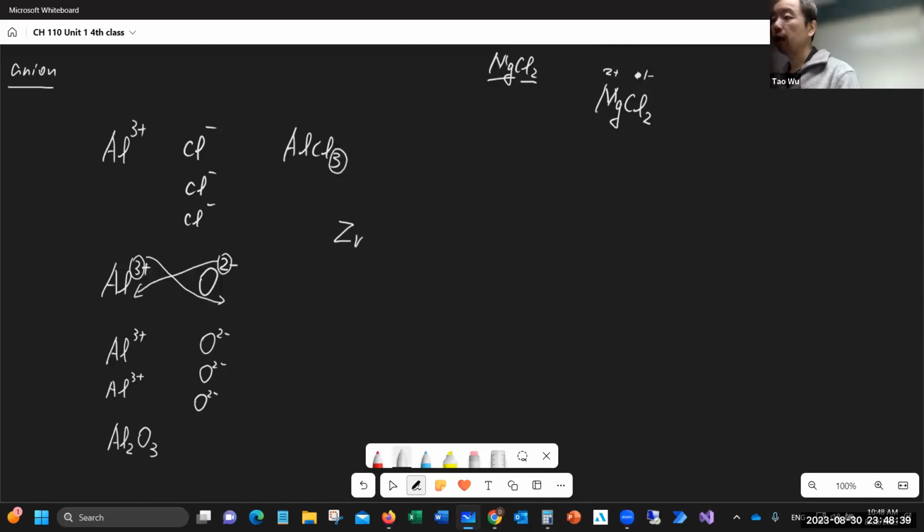For example, if we have zinc 2 plus and oxide 2 minus, based on this rule the 2 should go over there, and this 2 also goes over there. So the formula would be Zn2O2. But usually we don't write it like this.